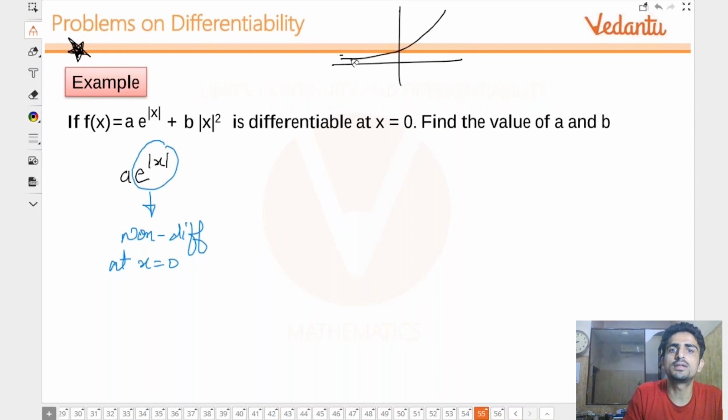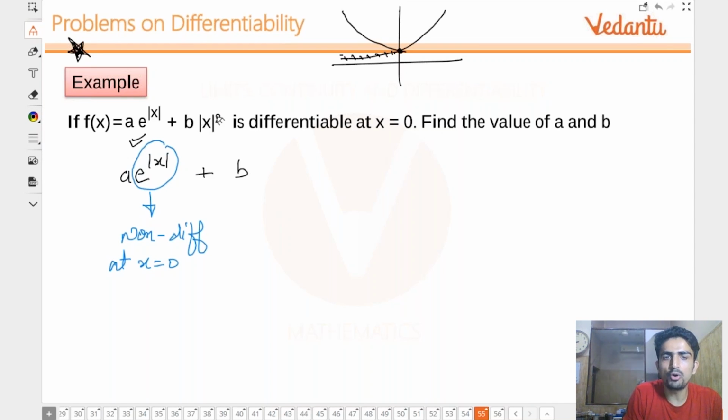If you want to make the graph of e power mod x, this part is removed and this is reflected here. If you don't remember the graph of e power mod x, then you better check it by definition: the right hand derivative and left hand derivative of e power mod x are not equal. So e power mod x is non-differentiable at x equal to 0.